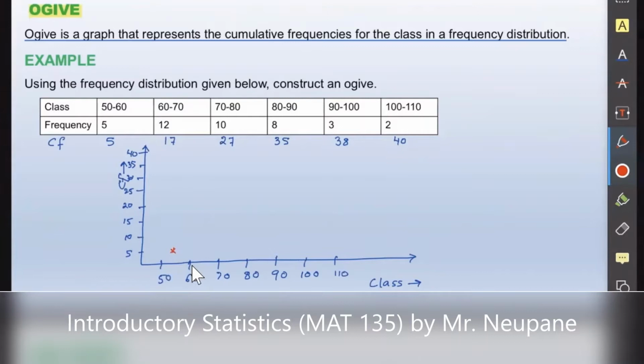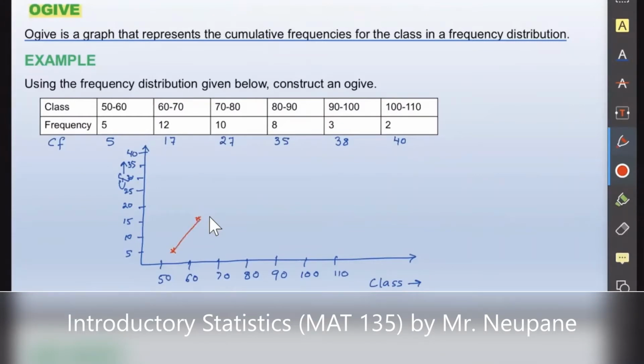And then for 60 to 70, the cumulative frequency is how much? Look here, 17, right? We go to the height of 17 now. So your 17 should be somewhere here. Did I do it right? Okay, so if you want, you can start joining right now.